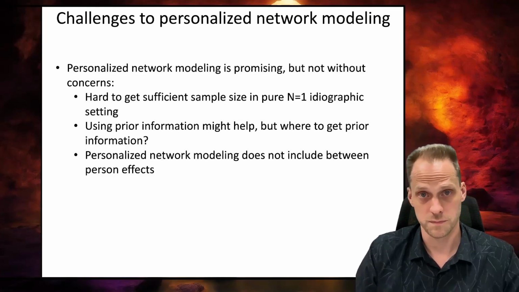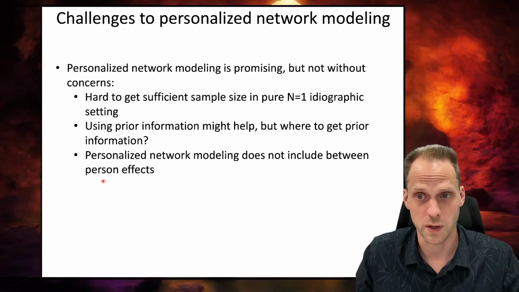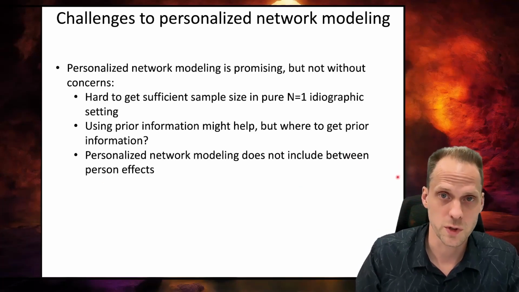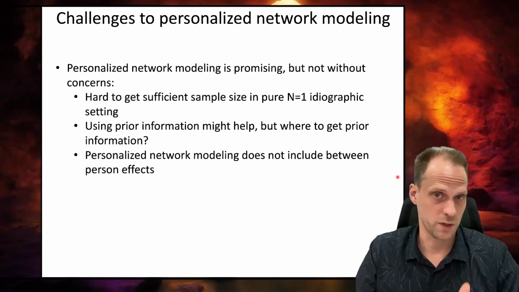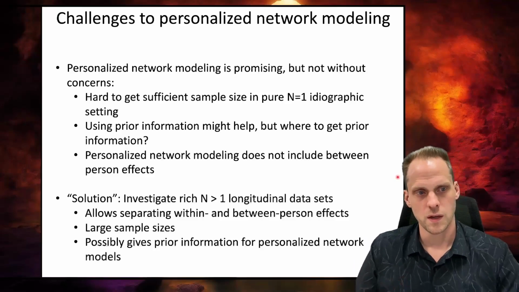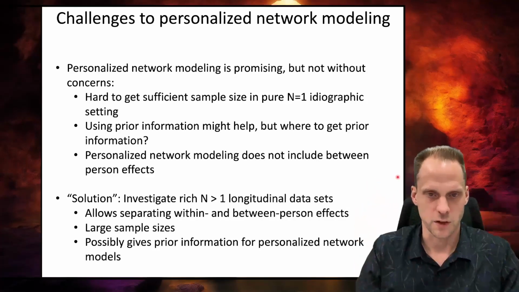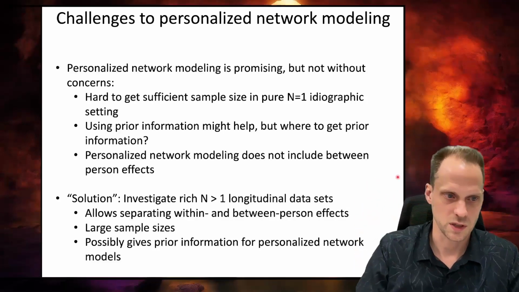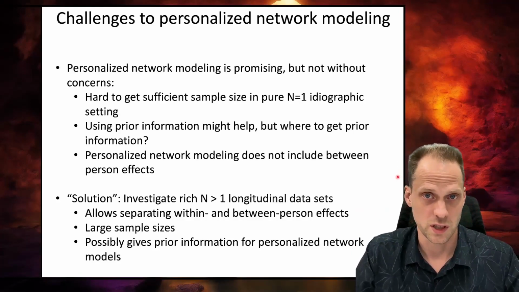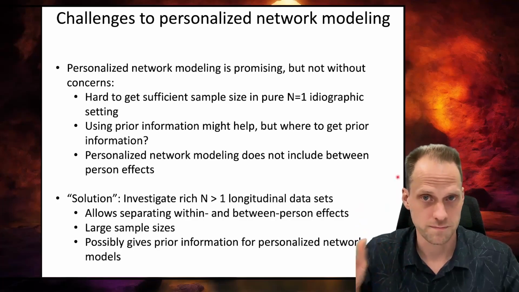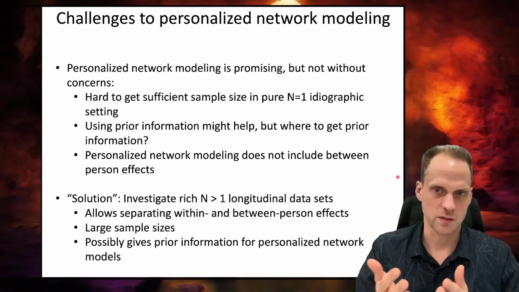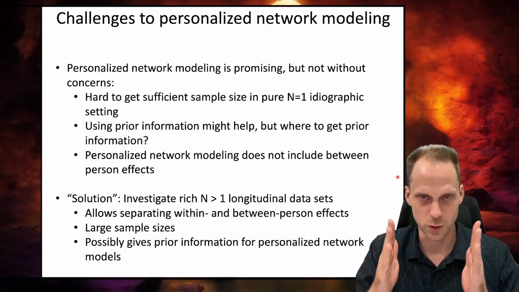And another thing that I will talk about in the next video is that if you have only information on one person, of course, we cannot study how people differ, because we cannot look at how people differ if we don't have multiple people. So one solution, and I'll put solution in brackets because some people will disagree that this is a solution, is to, instead of looking at N=1 studies, investigate these rich data sets where we have multiple observations of multiple people.